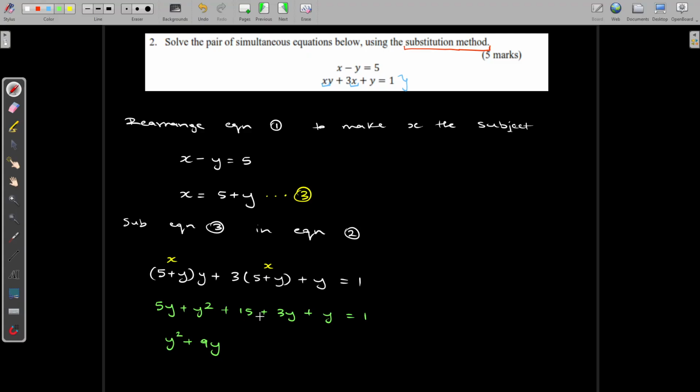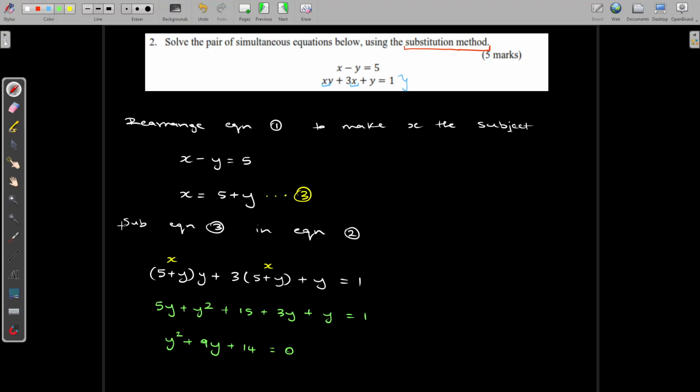We have a 15 here. However, if we transpose this 1, it's going to be a negative 1. So that's plus 15 minus 1, 14. And that's equal to 0. So here we have our quadratic in the general form, and we should be able to solve this pretty easily.